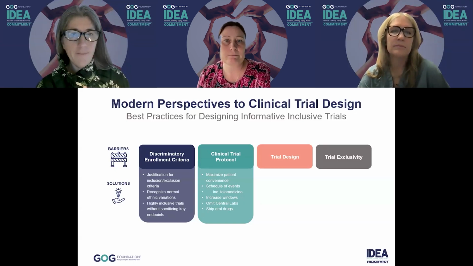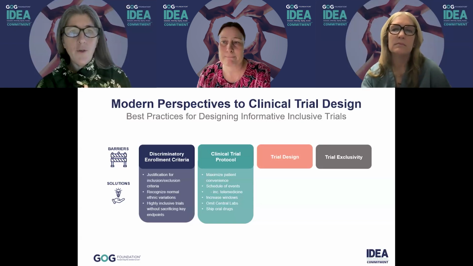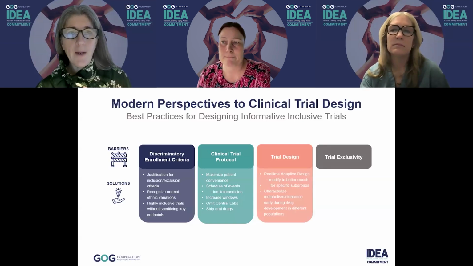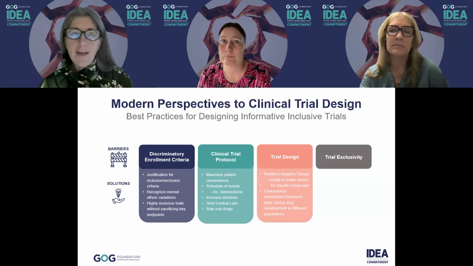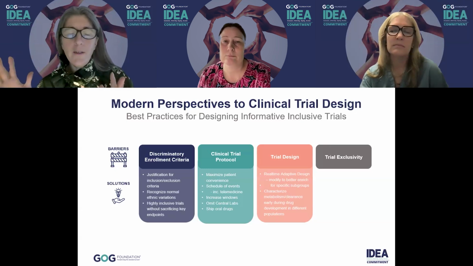Right. Agree. Okay, let's move on to our next barrier bucket, which is a little different than, though overlapping with, the granular details of the trial protocol. It's really how we design and think about trial design in a more holistic way, from phase 1 to phase 3.